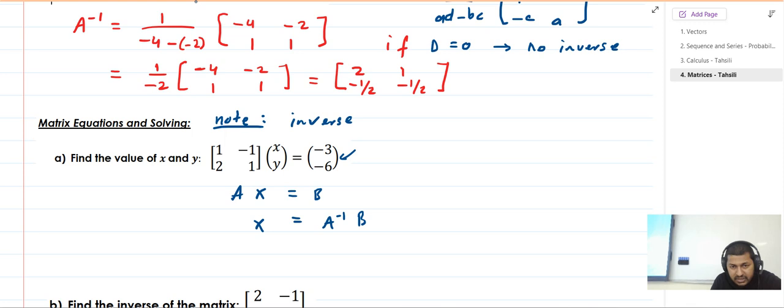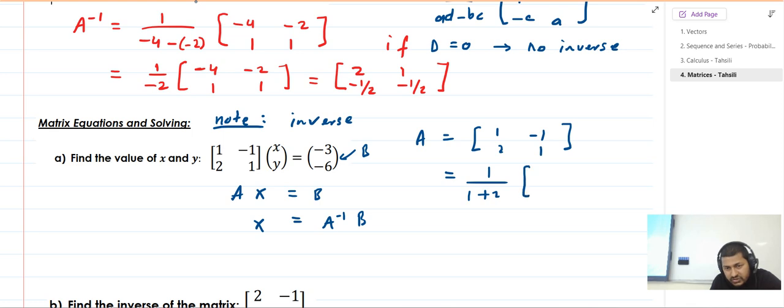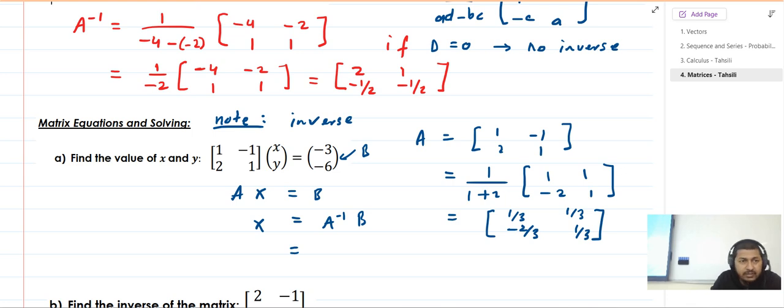Remember, this is B. To find the inverse, 1 times 1 is 1, minus 2 is +2, so 3. Switch these two around, 1 and 1, opposite sign, -2 and 1. Now if I take this 1/3 inside, I will get 1/3, 1/3, minus 2/3 and 1/3. That's my inverse.